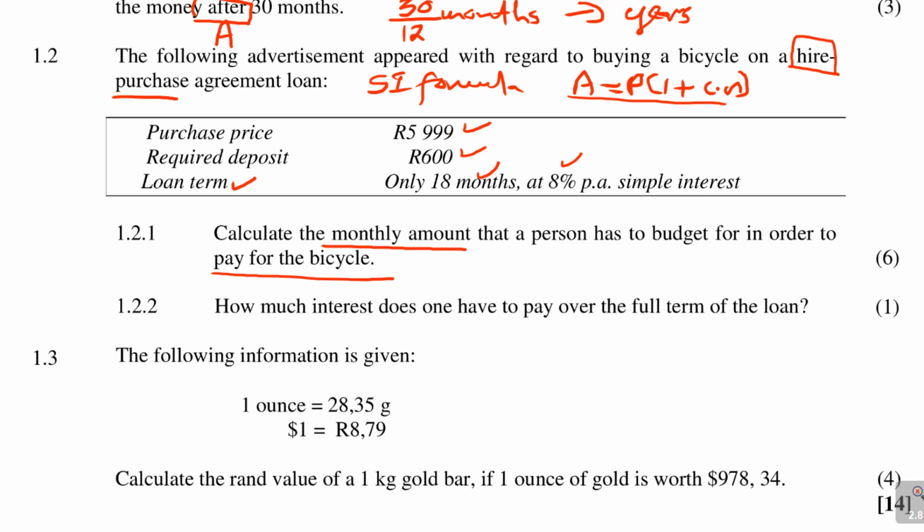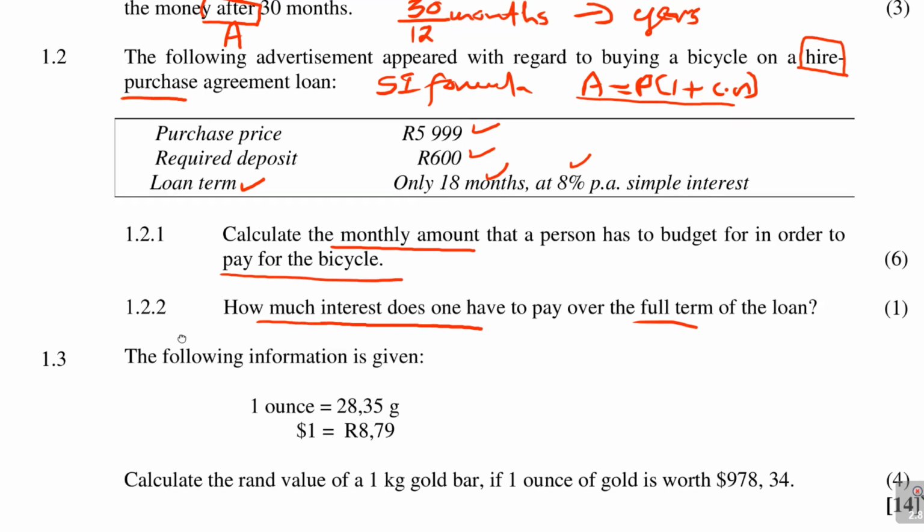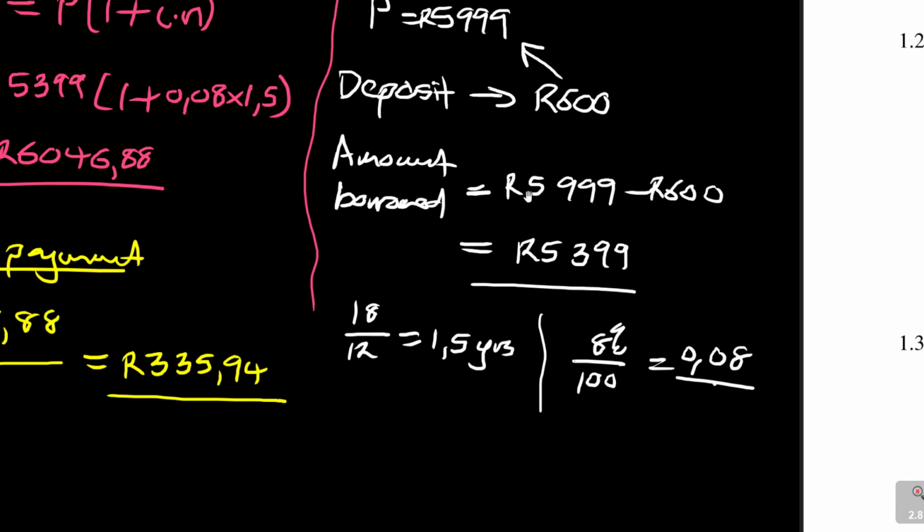How much interest? So they're asking how much of that interest in monetary value, over the full term. Meaning, you know the price was 5,999, right? And then how much did you pay at first? You paid 600, and then you borrowed on the loan. So it was 5,999, you paid 600, it became 5,399.